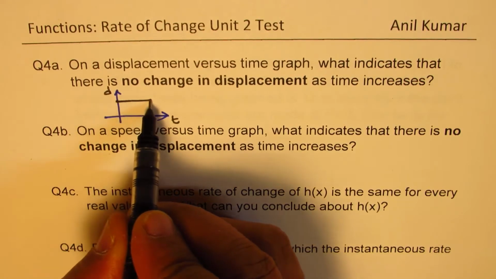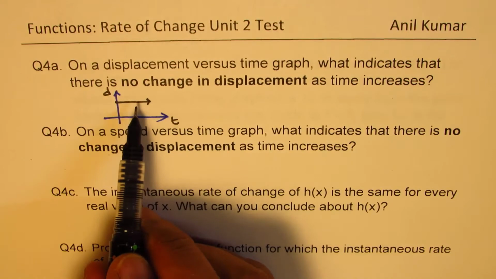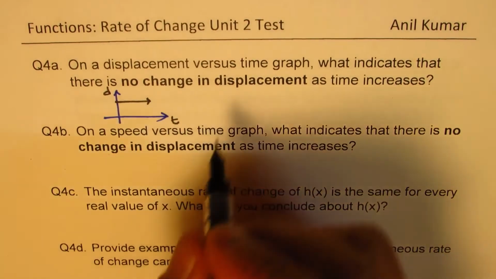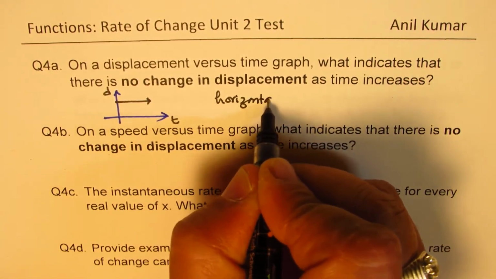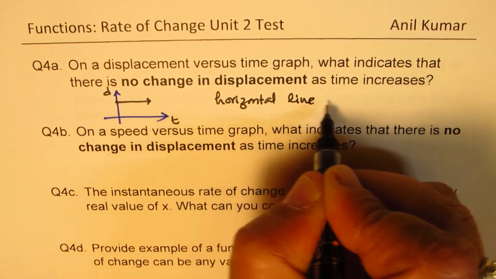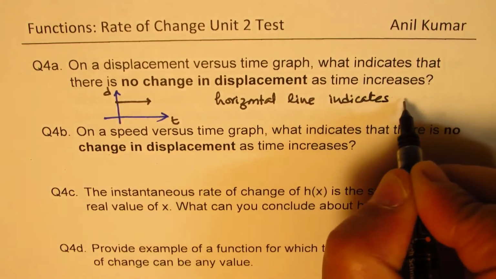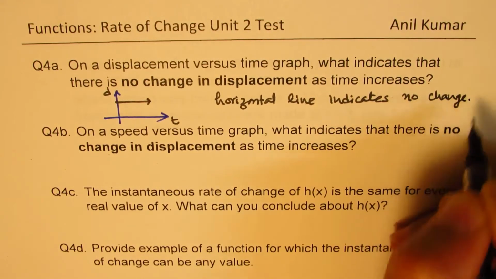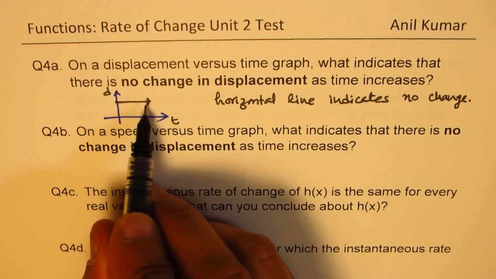That means we should have a horizontal line, correct? So this indicates that there is no change in displacement. It is constant. Do you see that? So a horizontal line. No change, right? It's like a standstill, right? So standing at a point, right?